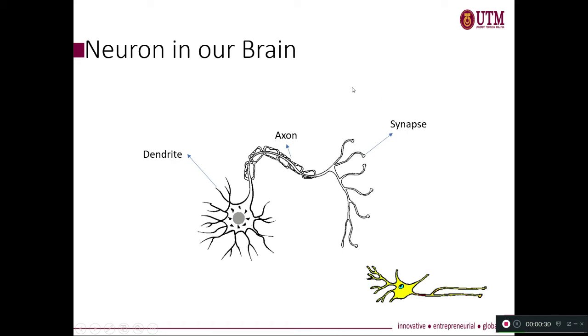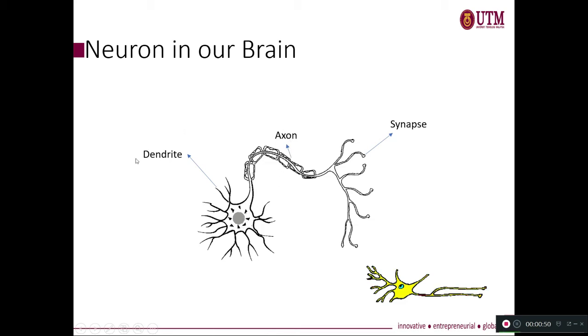And as you can see, for this single neuron, the purpose of dendrites is to transfer the electrical stimulus or electrical signals to the neuron, and the axon there is the output.